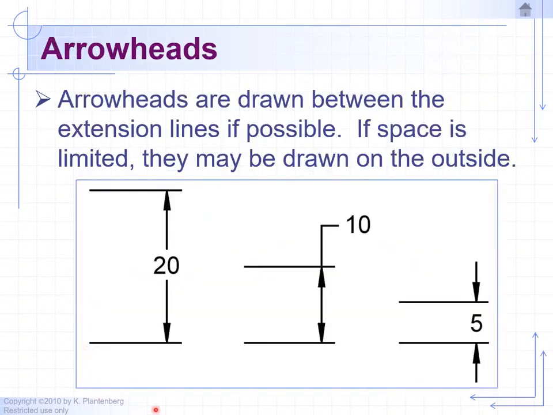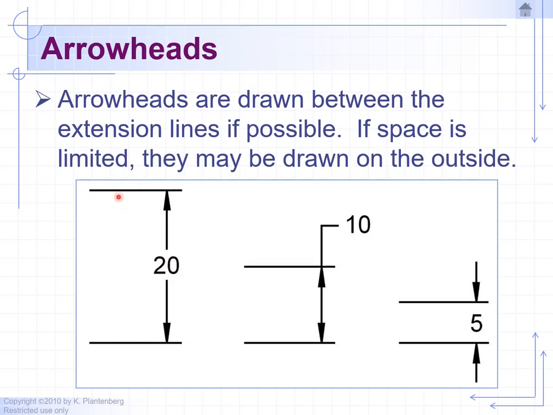Okay, so here we have a feature size of 20. Let's say it's an overall height of 20 units. Typically, you want to keep the arrowheads and the dimension of 20 here between the extension lines.